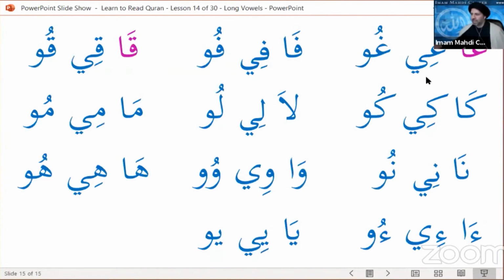Gha, ghi, ghu. Fa, fi, fu. Qa, qi, qu. Ka, ki, ku. La, li, lu.